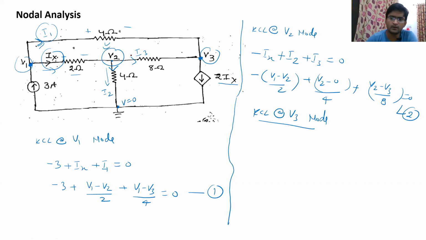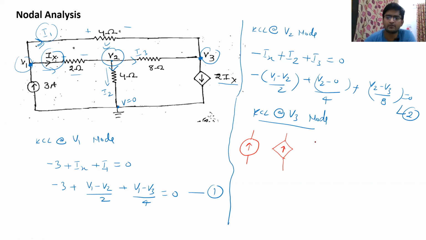Normal current and voltage sources are drawn in a circular shape like this. But if the current source is dependent on some other value in the circuit, then it will be drawn in a box like this, a diamond box.